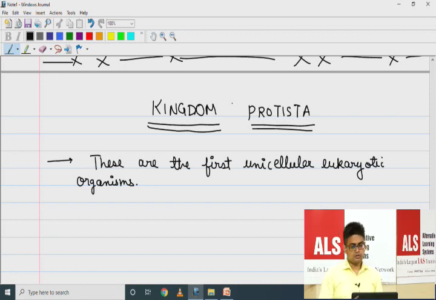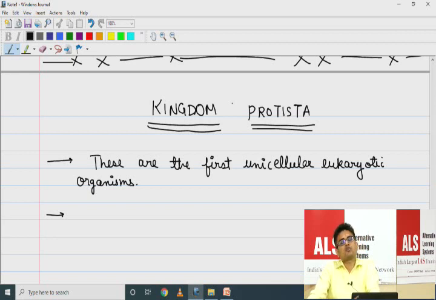What happens regarding these organisms? Actually it's a cocktail of many different kinds of organisms. They are very diverse organisms. This kingdom is so difficult to understand that it's been called a kingdom without proper boundaries.